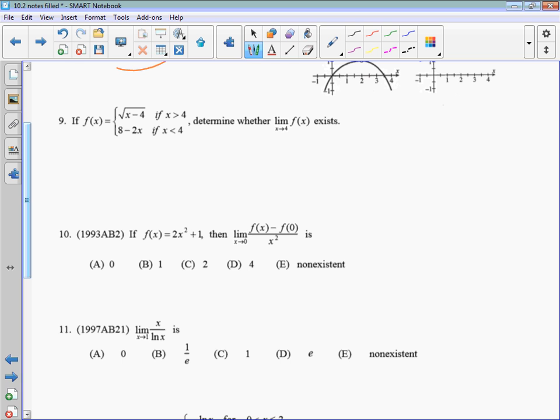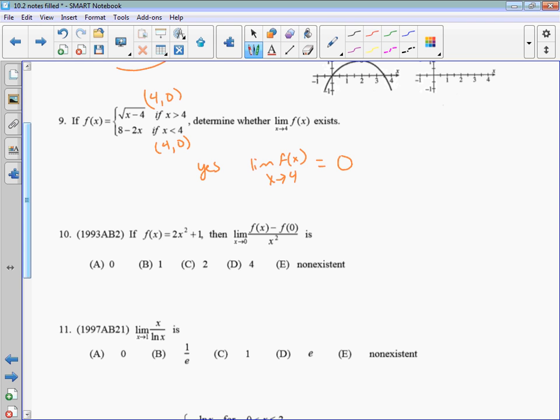Talk to each other. Do you agree? Everybody agree that it does exist? And what is it? But this one, when you plug in your 4, you get a 0. So yes, the limit of f of x as x approaches 4 is 0.